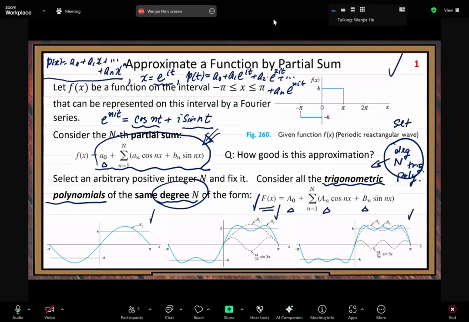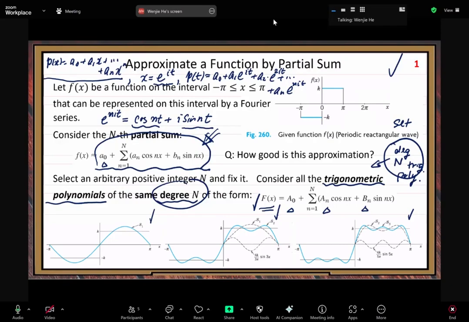That's the reason we study the whole set: it gives us a lot of freedom to choose a trigonometric polynomial. Do you want to choose the best one, the one that approximates the original function f the best? We want to find the best approximation from this whole set.